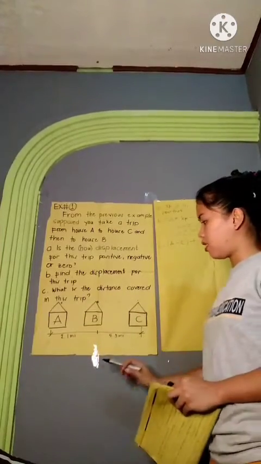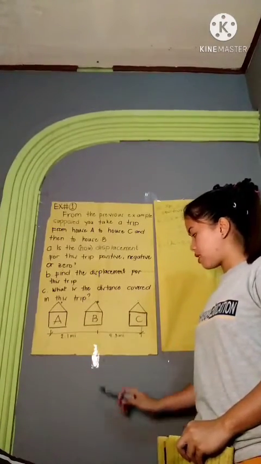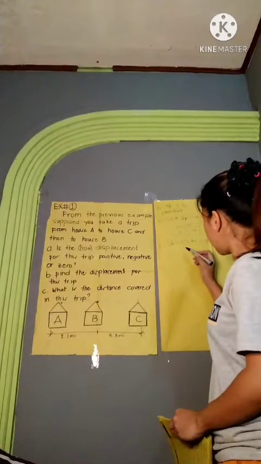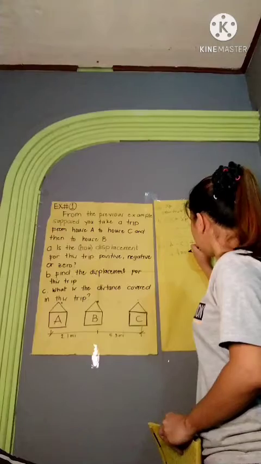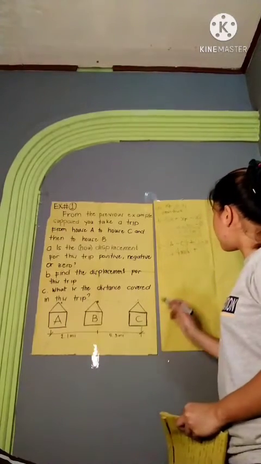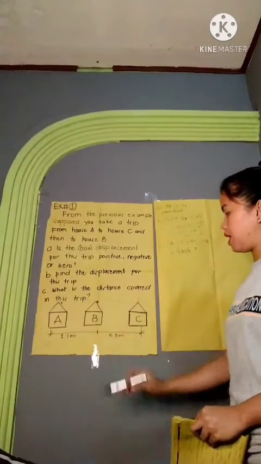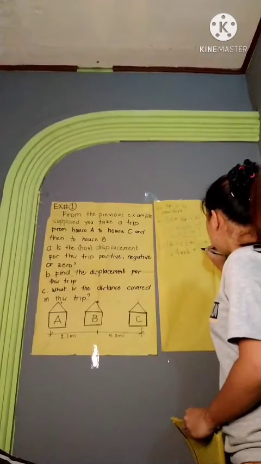Pagpa-plus lang natin itong 2.1 miles tsaka yung 4.3 miles is equal to 6.4 miles. Yung distance naman ng C to house B is 4.3 miles.